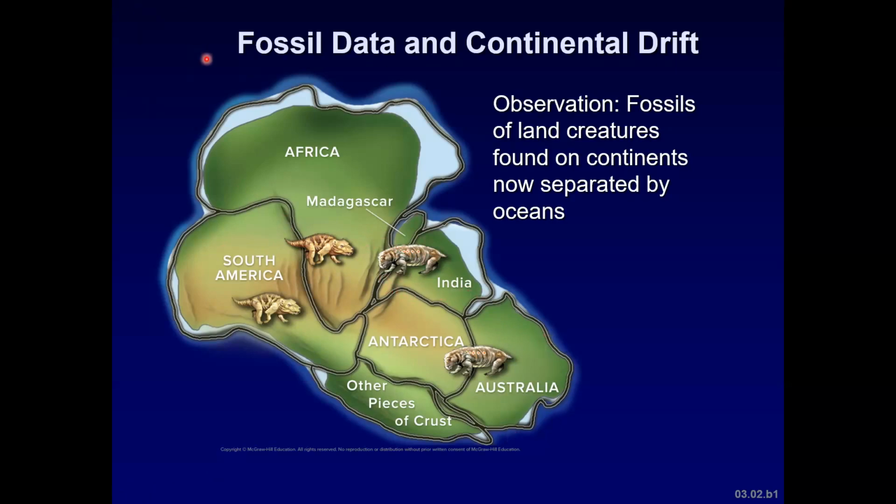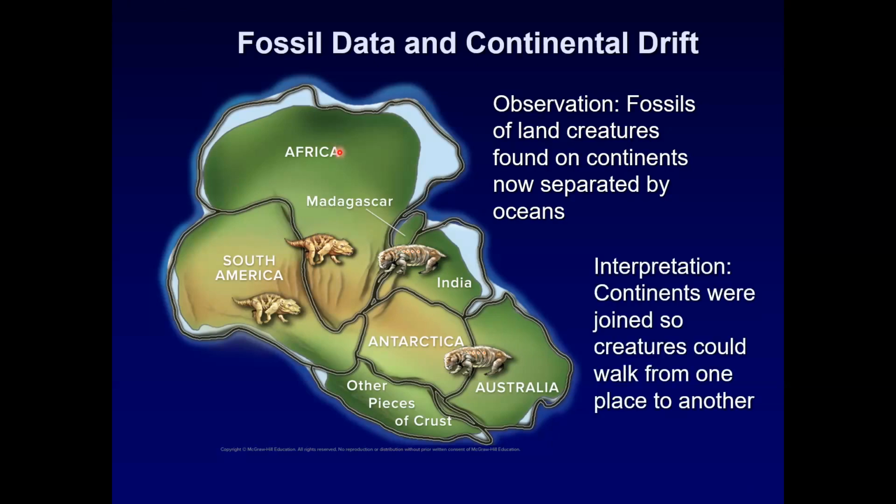So what happened? An interpretation would be that once these continents were joined so that these creatures could just easily walk from one place to another. But the ones that are extinct now, they can't. Everything's different now, right?